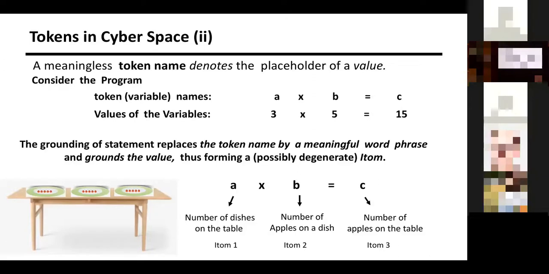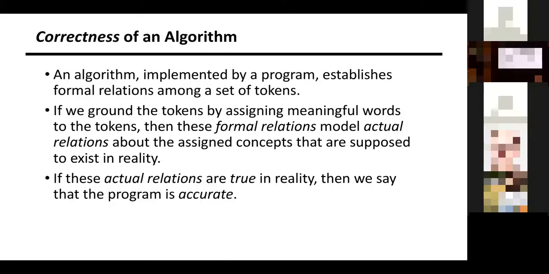So, in a sense, a grounded variable is a degenerate item. And the question of how to ground variables is very important when you talk about the correctness of an algorithm. An algorithm implemented in a program implements a relation among meaningless tokens.